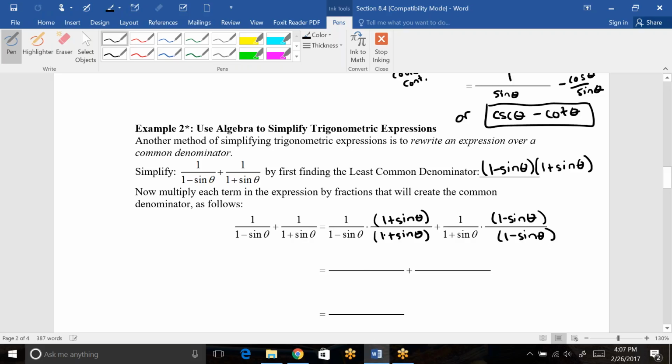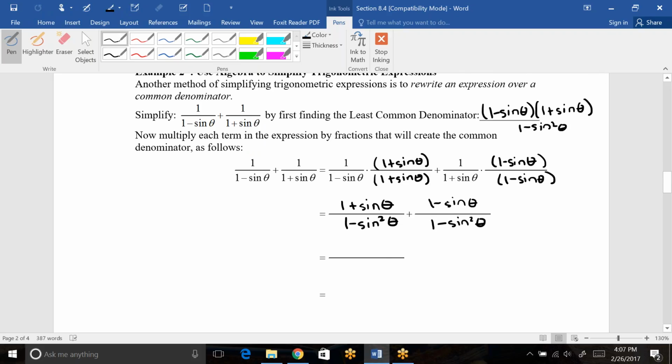We work out our top of each fraction, so this would be 1 plus sine theta over, if we wanted to go ahead and multiply that denominator out, that's 1 minus sine squared theta, by the way, if I FOILed that out. Be careful not to get too happy. You can't cancel any of this because there's adding and subtracting between them. You can only cancel when there's multiplication between two pieces.